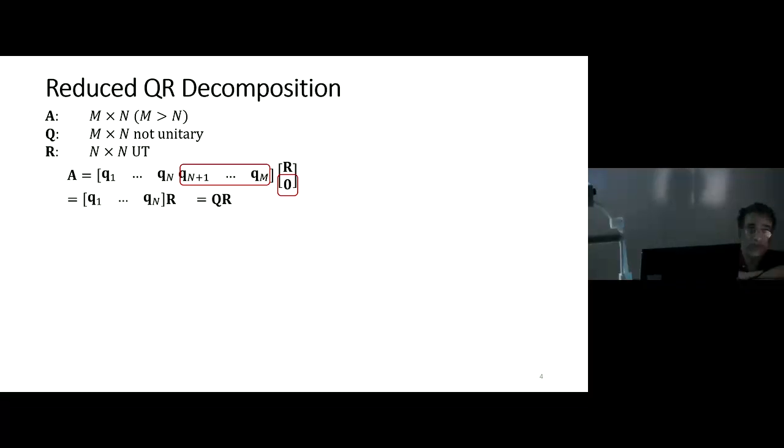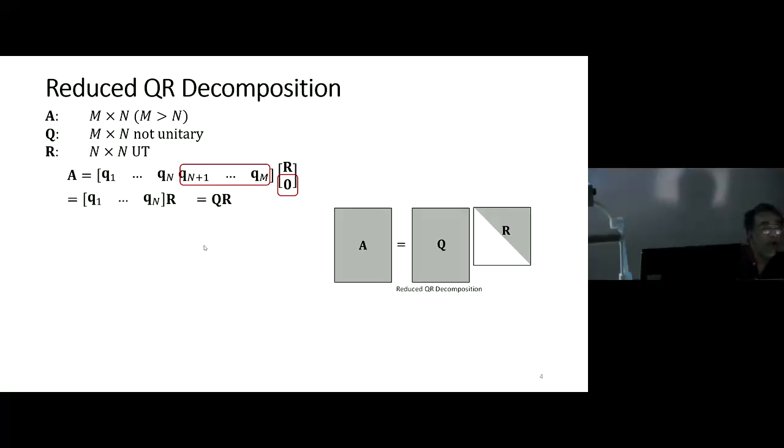It's a slight misuse of notation, but it's always called QR decomposition. Maybe I should have called it Q prime or something. But this Q is a tall matrix, and this R is the same R as you would get from full QR decomposition. Okay, so this is the reduced QR decomposition, and visually this is what it looks like.